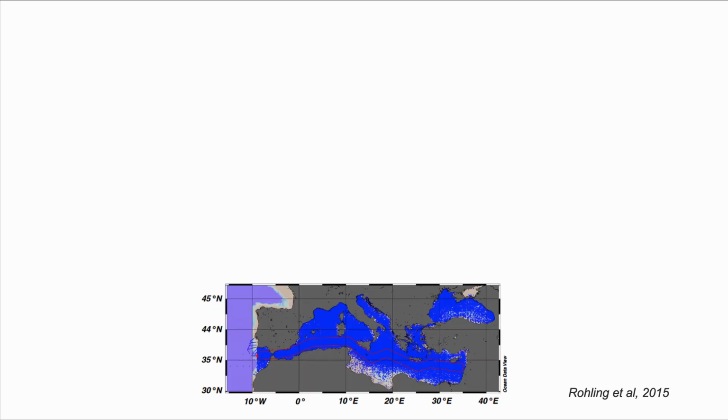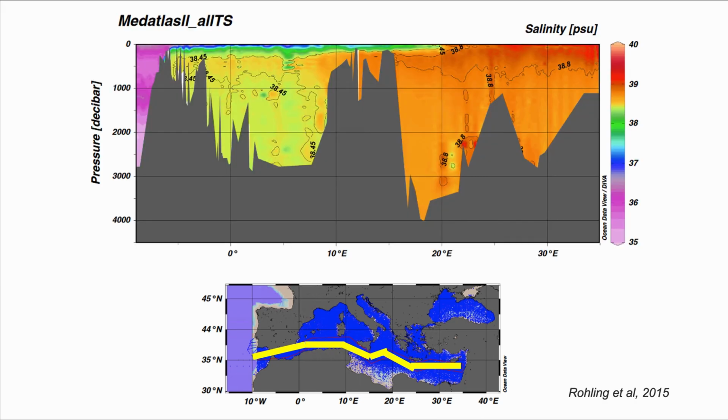And if you looked at a cross-section of the current Mediterranean, so that would be that yellow line, and you specifically looked at salinity, what you would see is that salinity changes from west to east in the Mediterranean. So in the west, over the Gibraltar Strait, we have the income of less saline surface water from the Atlantic Ocean.